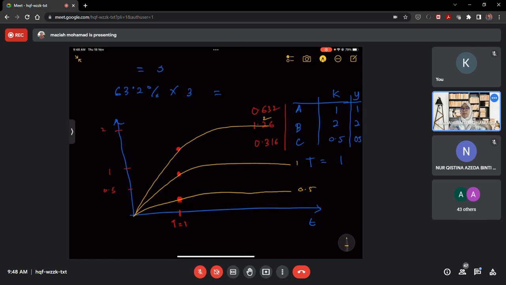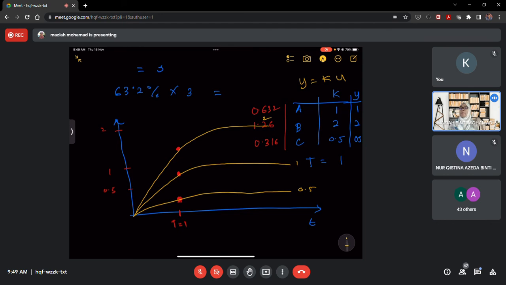So K will affect the final value of the output. If K is 1 and you apply a unit step input, the output will be 1. But if the gain is 2, 3 or lower, then you can see the final value will depend on the value of K, Y equals KU. So that is the effect of K.